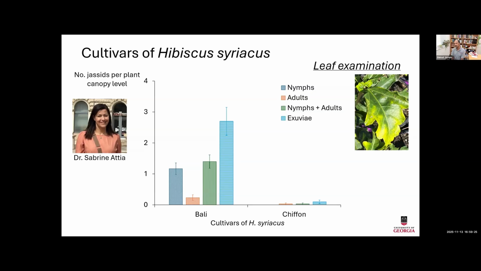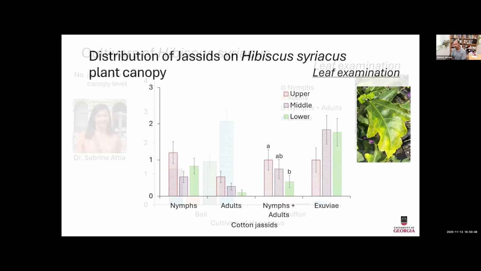Of the two varieties that we sampled, we found more in one variety versus the other, but we can't confidently say that across the board. We have to do more work to really say which is more susceptible. At least in the surveys we did, we are seeing more numbers in one variety of Hibiscus syriacus.